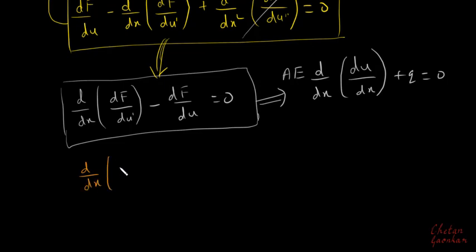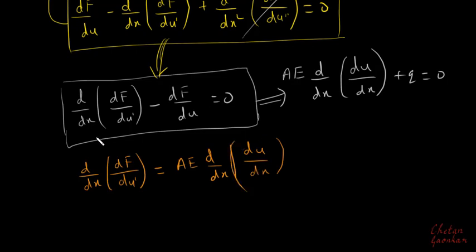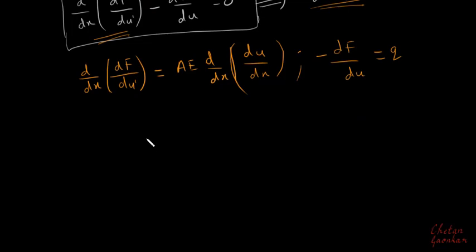Now if I compare this equation with this, I get d by dx of df by du dash is equal to AE d by dx of du by dx. Also, I can compare minus df by du is equal to q. As we had seen earlier, I can integrate this equation with respect to x on both sides, which gives df by du dash is equal to AE du by dx, which I can write as u dash.